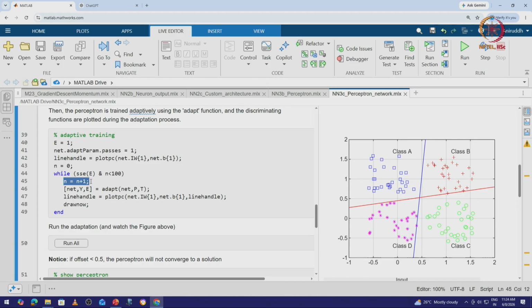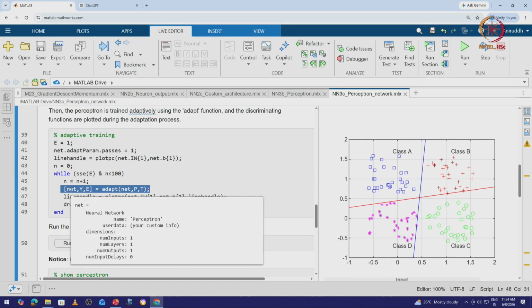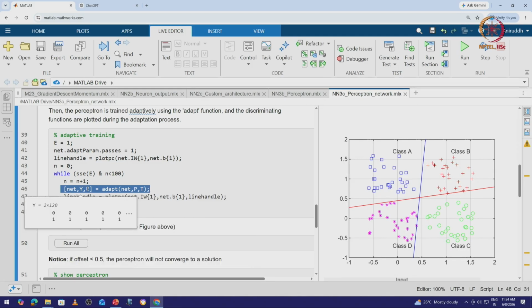So, n equals n plus 1. We have net, which is kept as adapt of net. Adapt is essentially updating the perceptron model. Once the model is updated, we have a corresponding output value, the predictions, and the error, right, and we just keep plotting all of this on the curve.